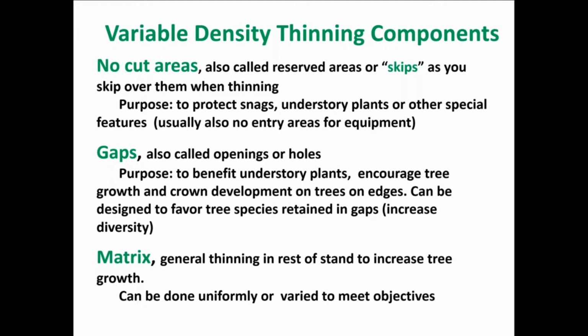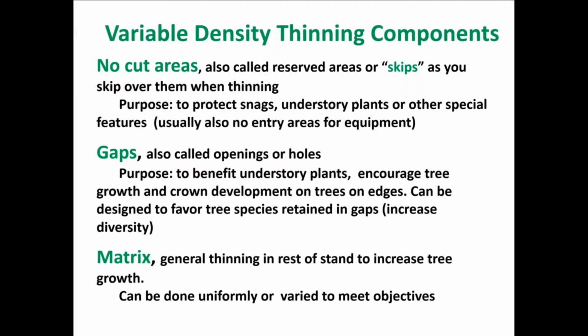So with variable density thinning, you have different components. These components are not the same in all thinning prescriptions, but often you have three different areas. You have no-cut areas, also called reserve areas or skips. And the purpose is to protect snags, understory plants, or other special features. And these no-cut areas are also usually no entry areas for equipment.